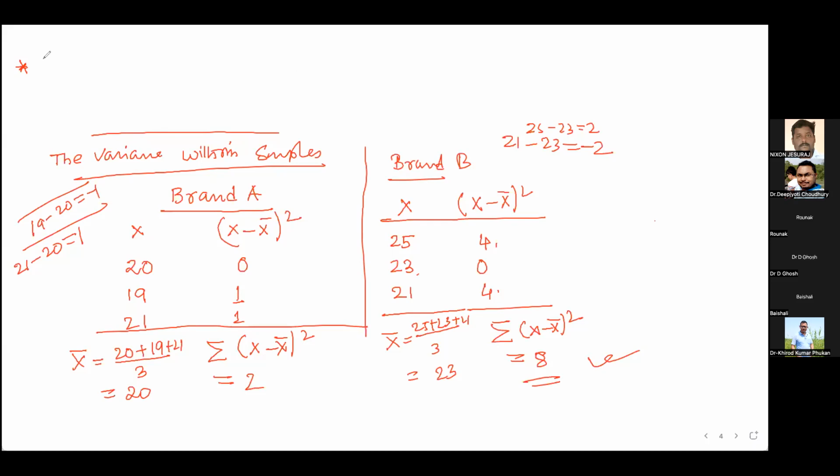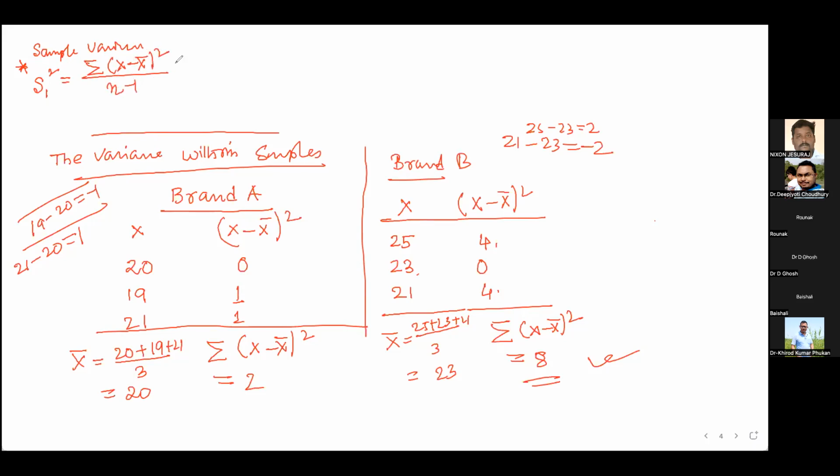Now, in this condition, I would like to find out the sample variance. For the first case, S1 square is equal to, and how do I write it? I write it summation of x minus x bar whole square divided by n minus 1.